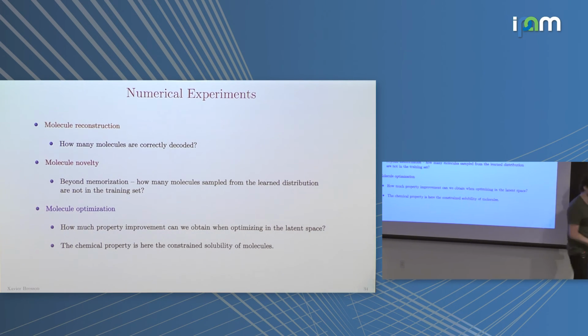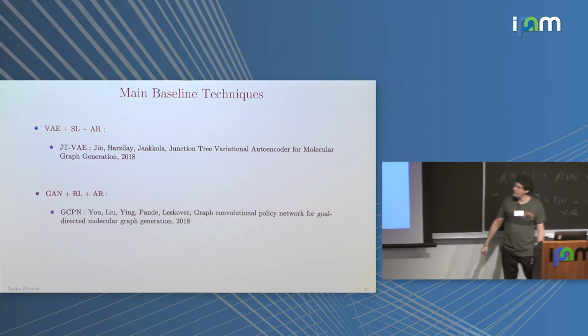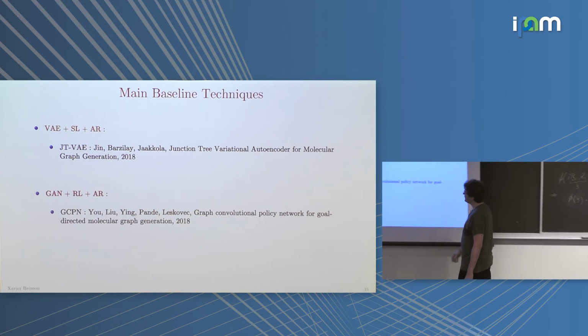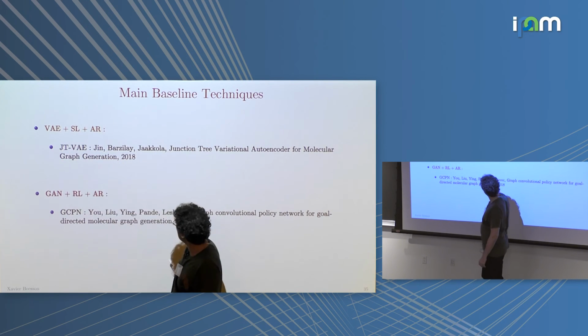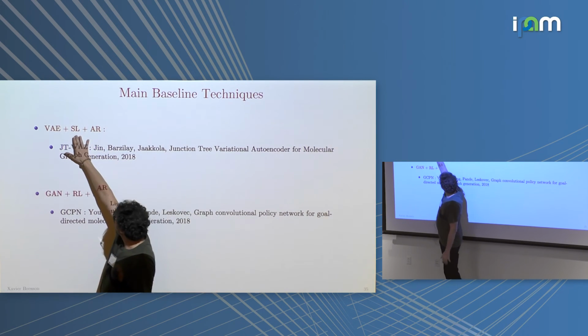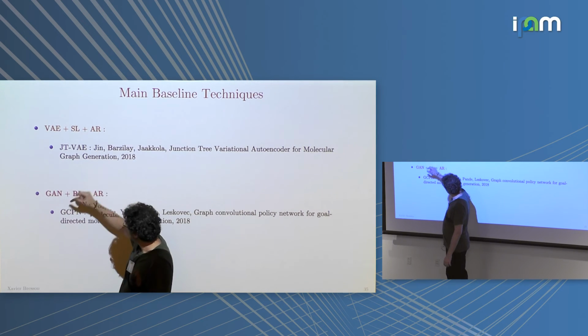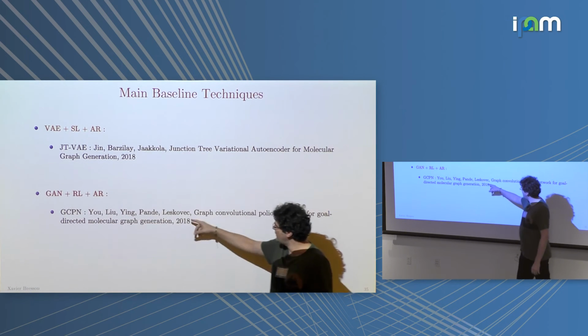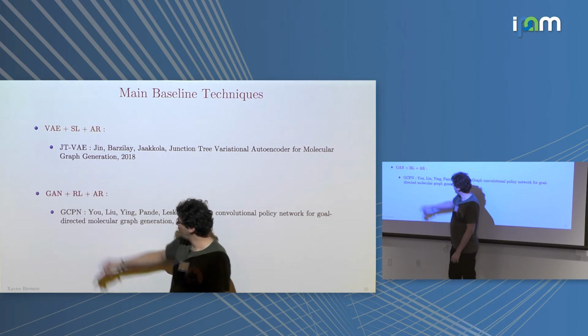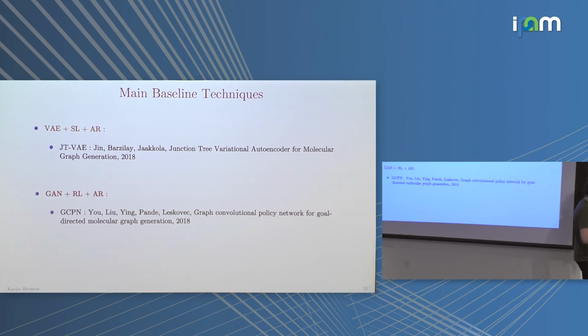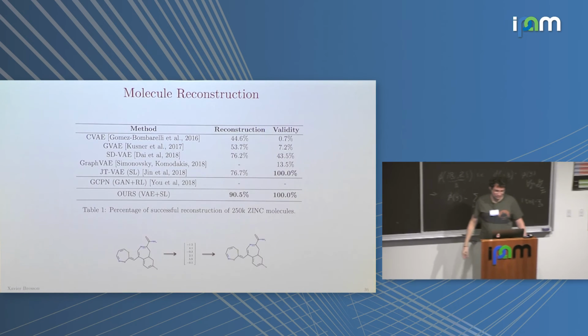And this is what we did. So we compare with the GT-VAE paper from MIT with Jean, which is basically VAE plus supervised learning plus autoregressive, and also the paper by You and Leskovec, which is GAN plus reinforcement learning plus autoregressive. So the two papers are basically SOTA.